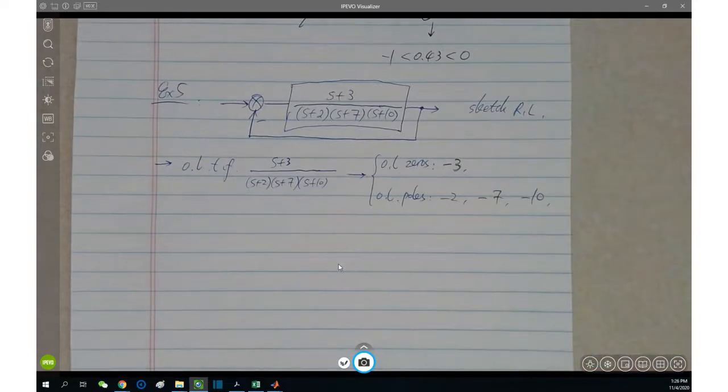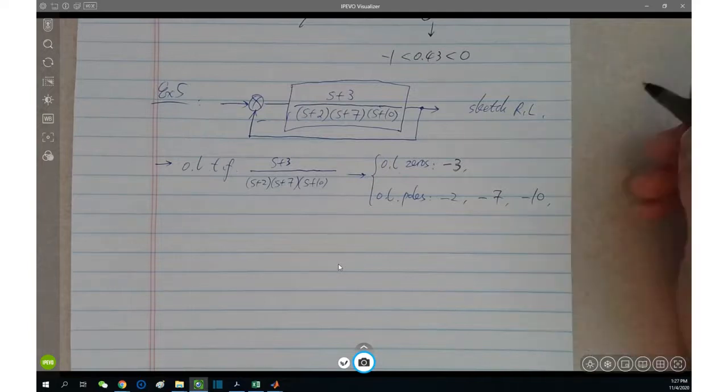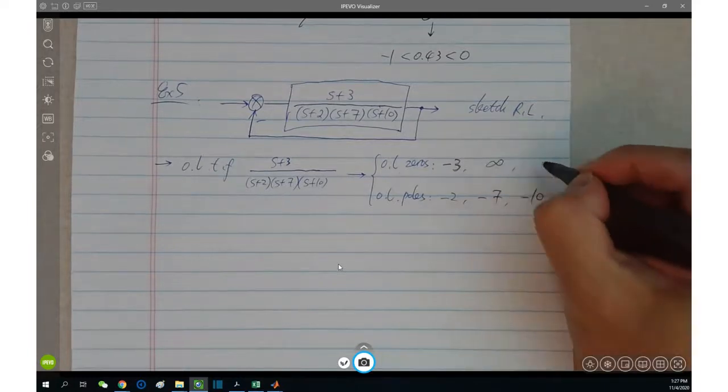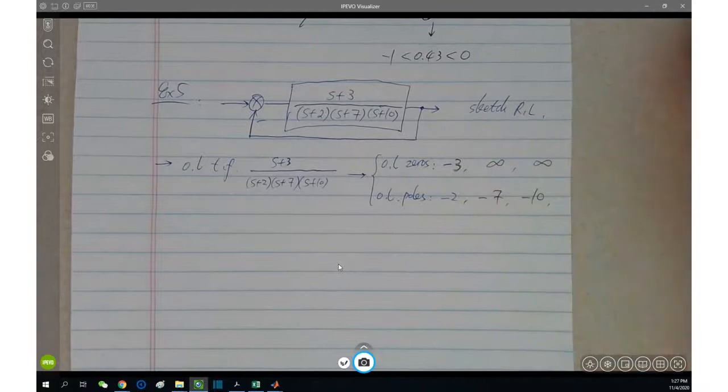Close, but not perfectly right yet. What are we missing? Are all the zeros -3? Nope. Why wouldn't they be infinity like the last? Exactly. Combining these three answers together, we reach the correct answer here. Very good.